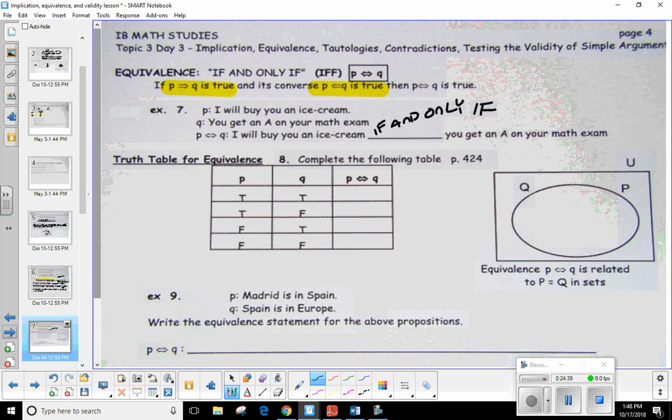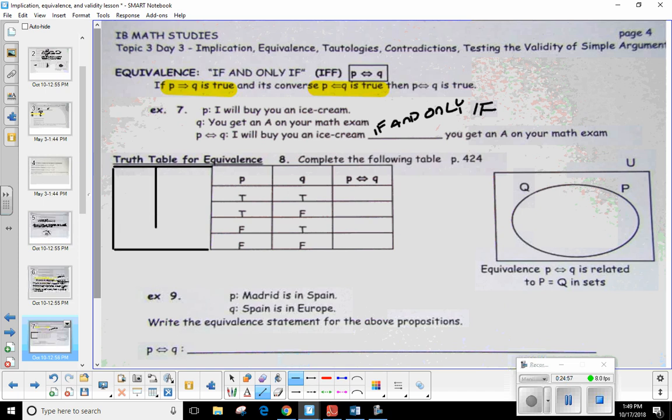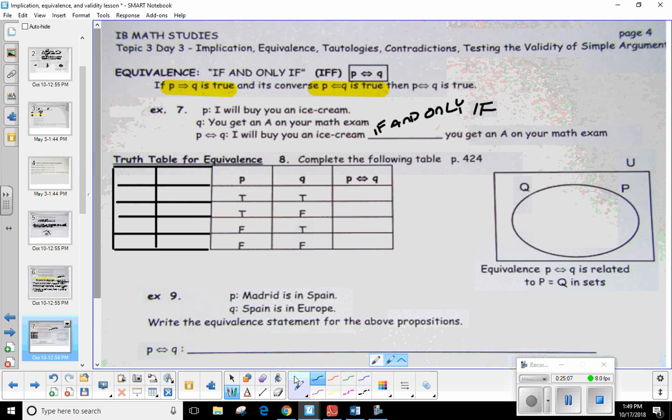Now, let's talk about the truth table. We want to go ahead and complete the following. In order to see the behavior of what the implication is going to give us, I would add 2 other columns here. I would show the implication in both directions because you need the implication in order to show the equivalence.